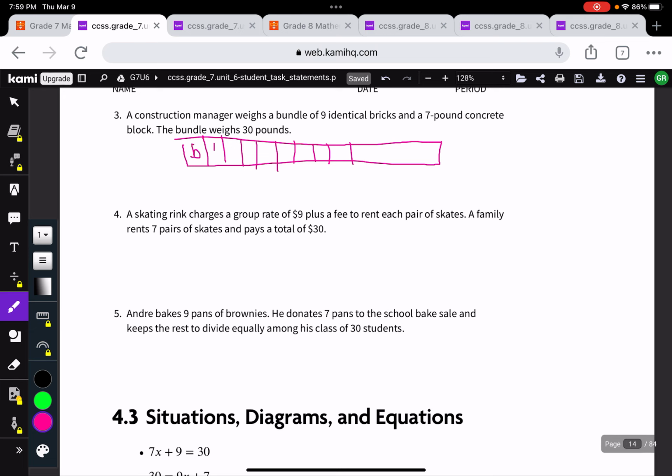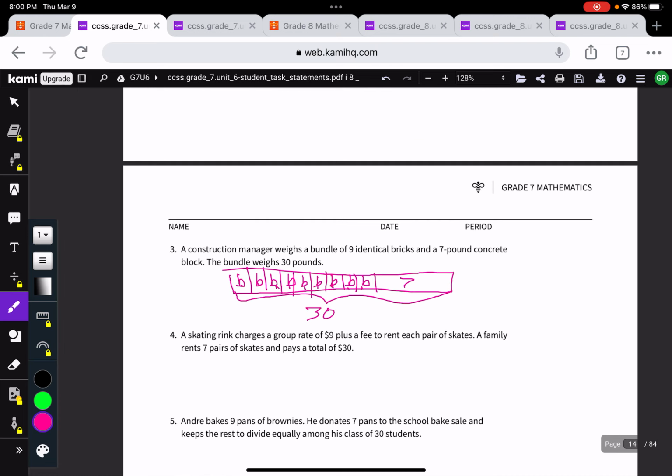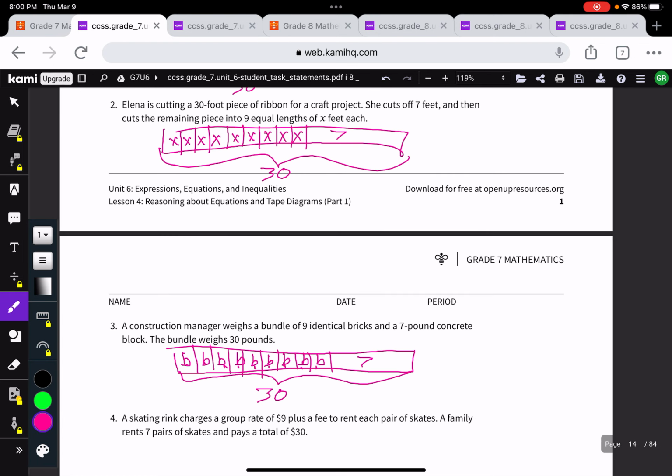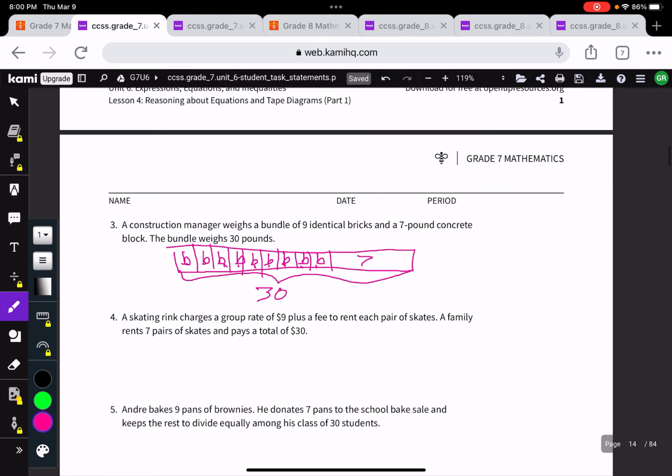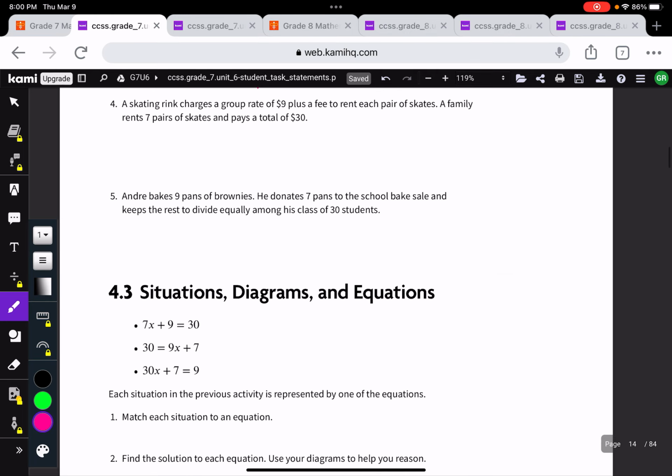We can choose B if we want. Bricks, bricks, bricks. Is that 9? Yes. And a 7-pound concrete. This bundle altogether weighs 30 pounds. That looks awfully familiar to that first one, except I use B and X. Doesn't matter, but go figure.